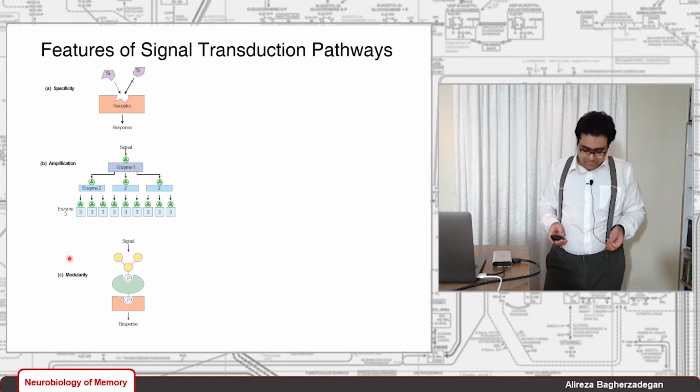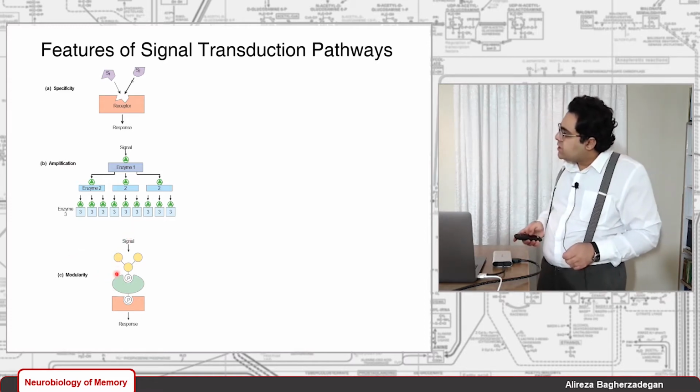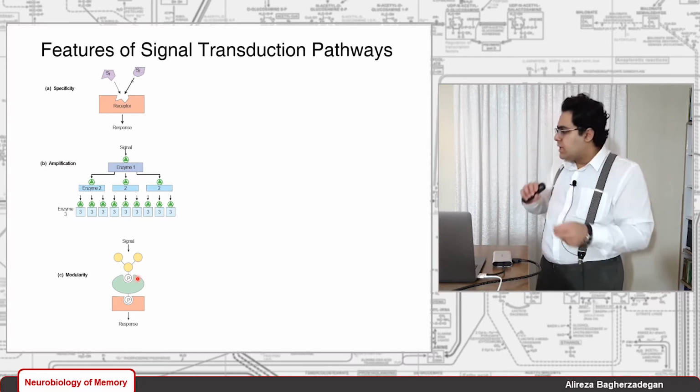Modularity. There are some scaffold proteins. For example, here you see when the signal comes in, we have this signal protein, this transducer, we have this transducer, and we have this transducer. They're all attached together in small modules.